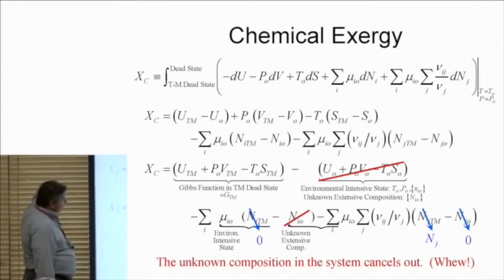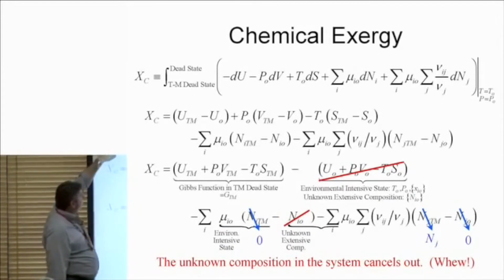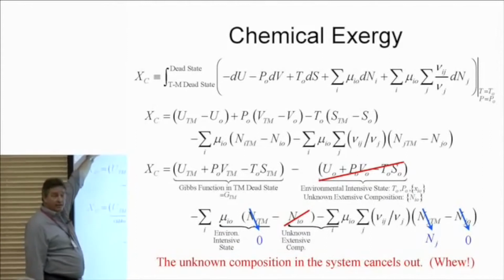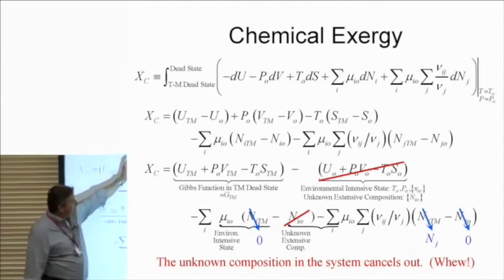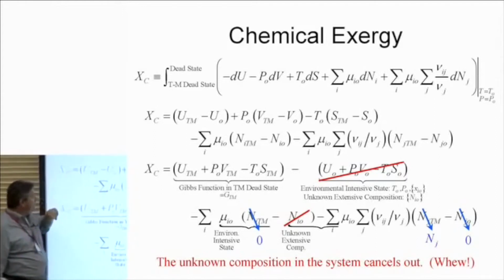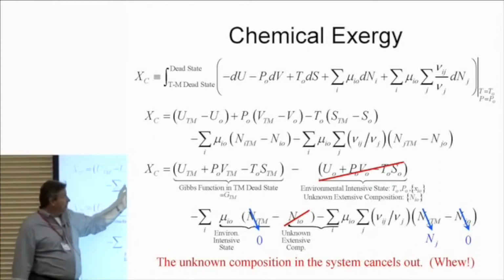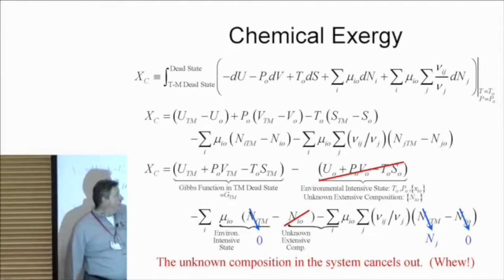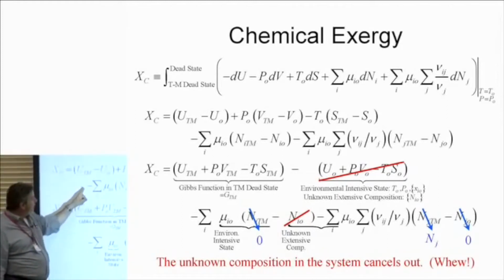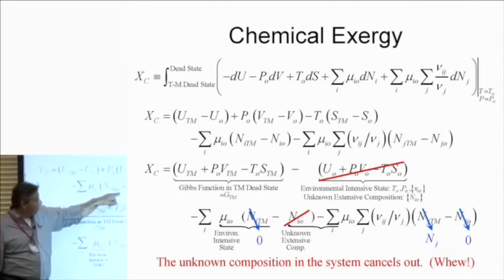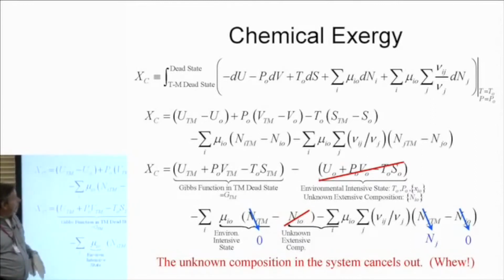The exergy for the chemical part, we're going from the thermomechanical dead state to the true dead state, the reacted dead state, at constant temperature and pressure, but all the terms are in play now. So the first ones are the same. I've got a delta U, I've got a P naught delta V, and a T naught delta S. But now the chemical reactions, notice I put a minus sign and introduced a minus sign in here just to stack up the terms down here.